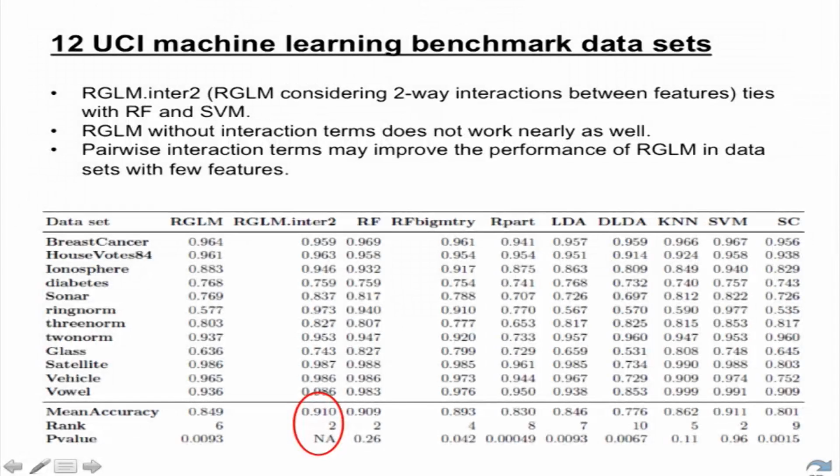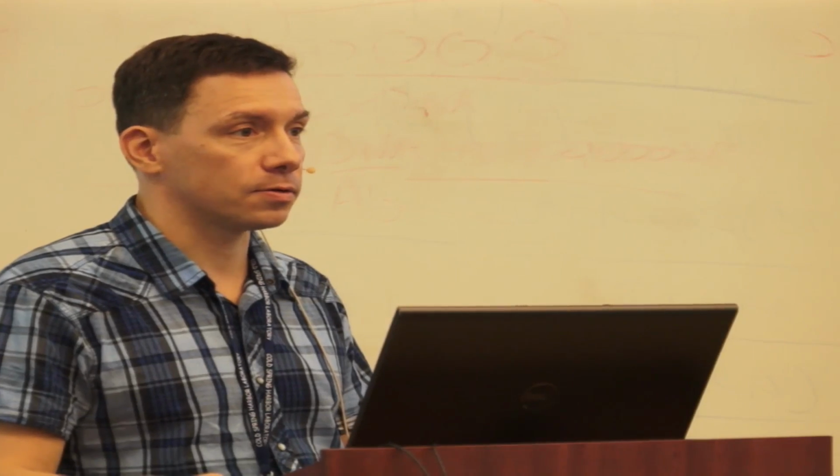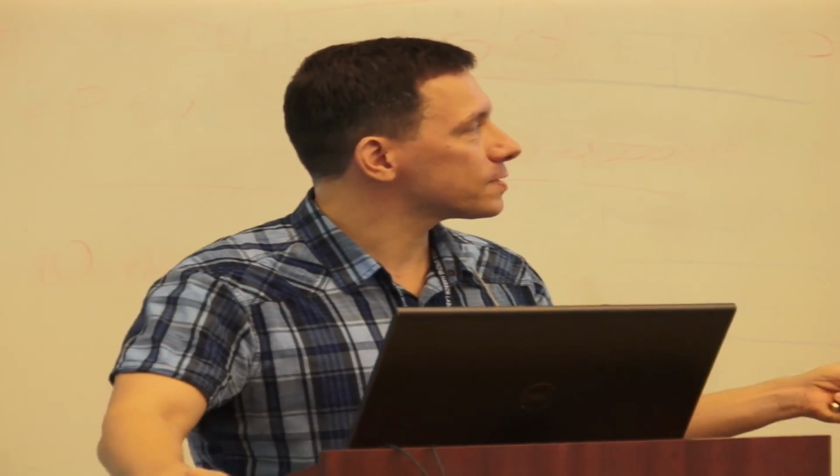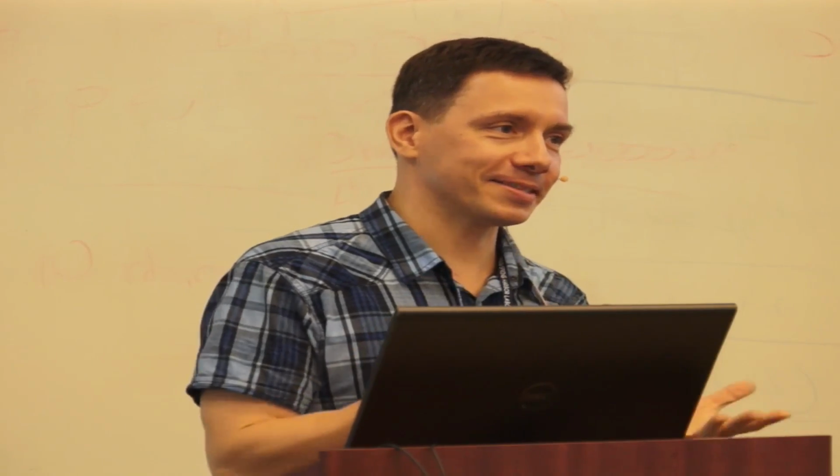Of course, you could say, well, maybe rpart would do better if we also allowed for two-way interactions, or even three-way interactions, or support vector machines would be even better. And so we did the analysis, and it just turned out the other methods got worse. Why? Because, for example, support vector machine is a nonlinear predictor, or actually, I don't quite know why that is, but it doesn't need that.